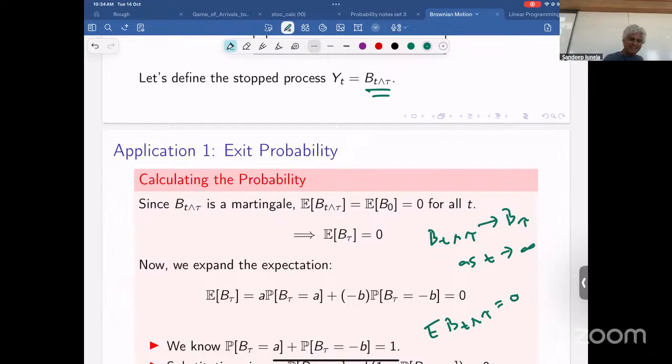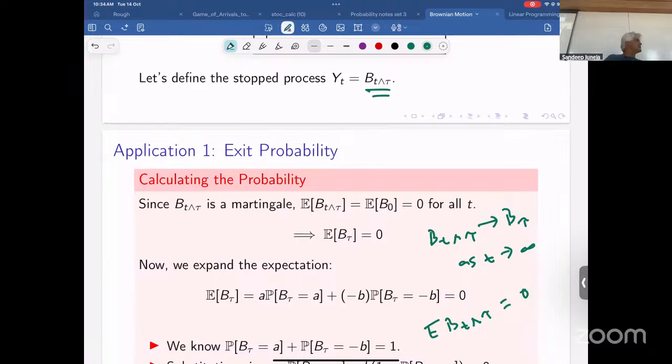So martingale is the expectation of B. Yeah, we just discussed that. So it's 0, right? I argued it earlier. Okay, so is this clear that the expected value of B of t min tau is always equal to 0?